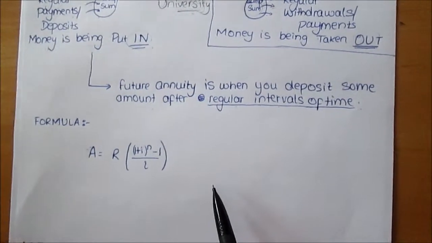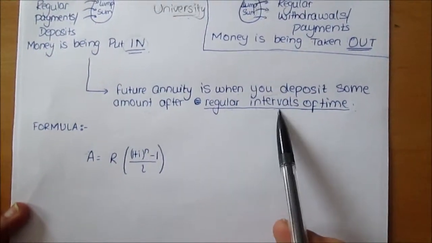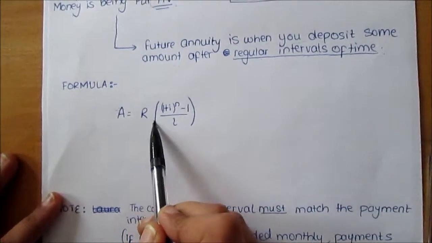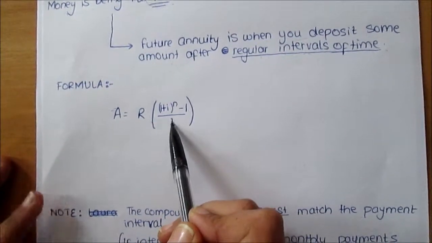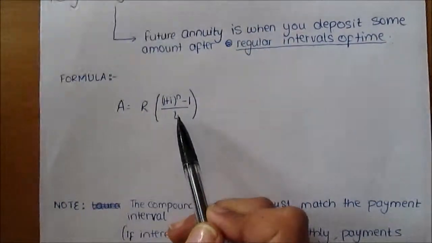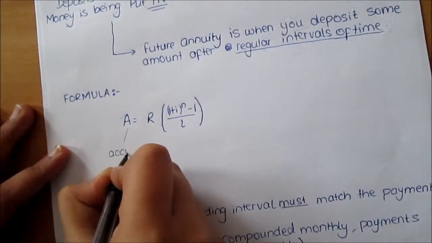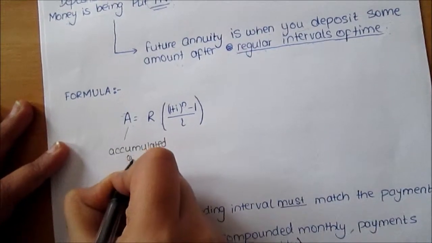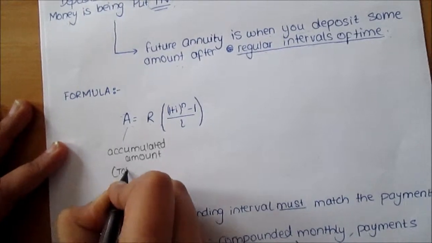Okay, so future annuity is when you deposit some amount after regular intervals of time, and the formula for this is A equals R times (1 plus I) to the n minus 1, all over I. A is the accumulated amount, that's the total amount that you would have at the end.